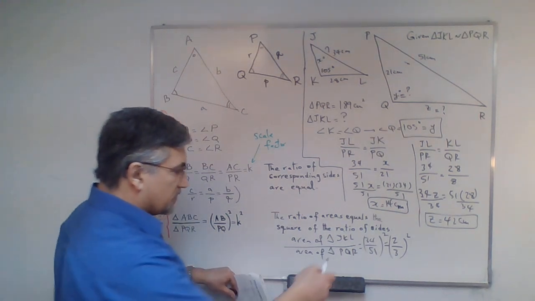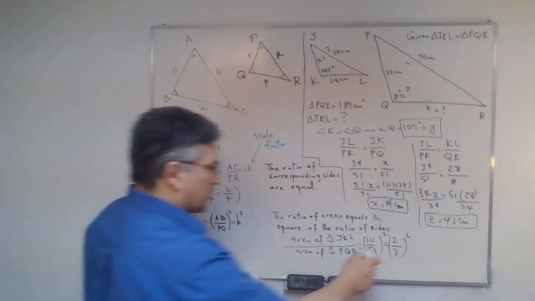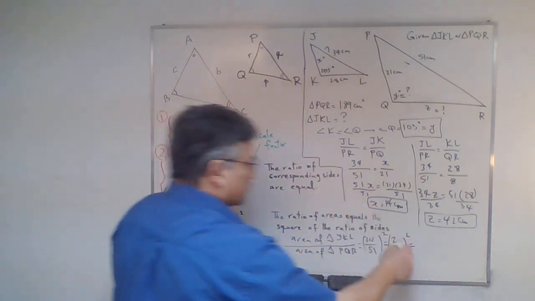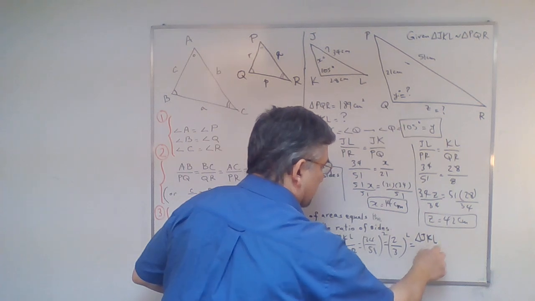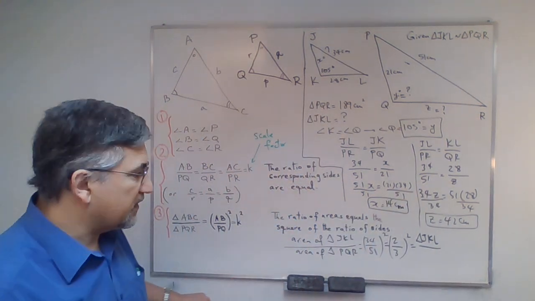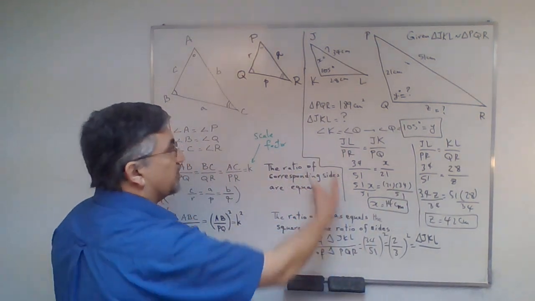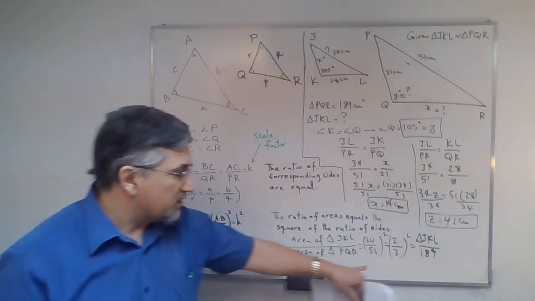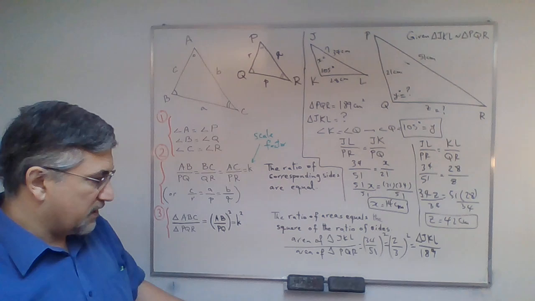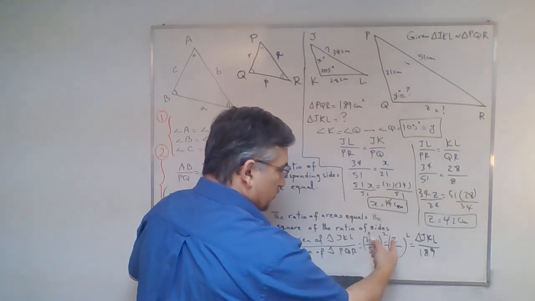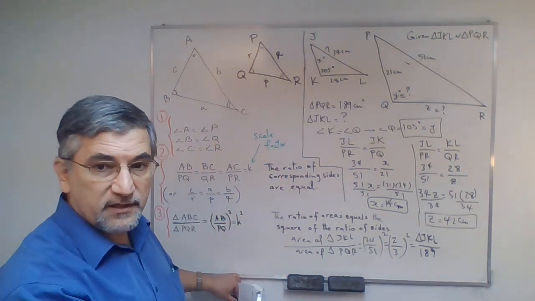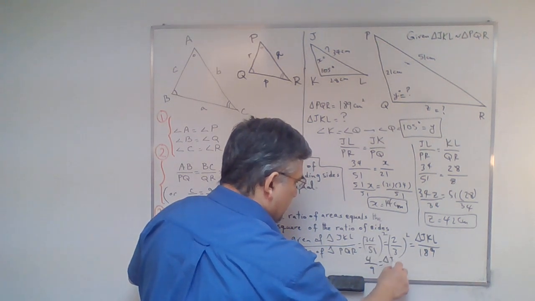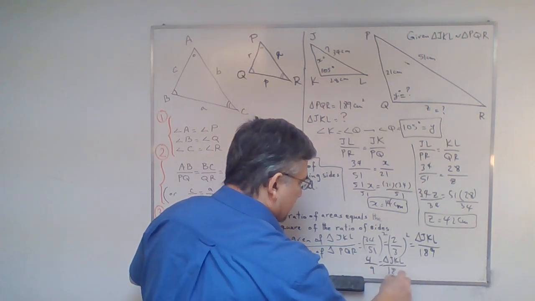Now, this is the ratio of the areas. So if I write here the area of triangle JKL over the area of triangle PQR, which is given to be 189, I end up with a nice proportion that I can solve for the area. We know that 2/3 squared will be 4 over 9. So basically 4 divided by 9 is the area we are trying to find over 189.